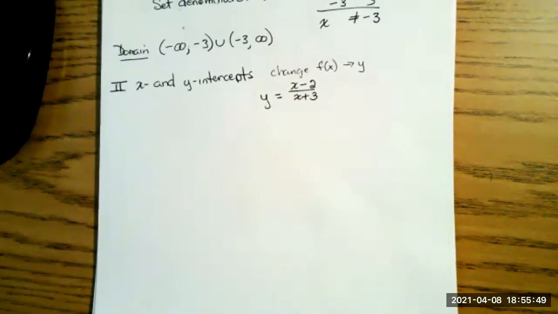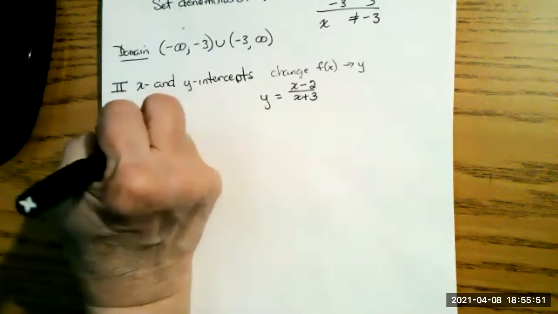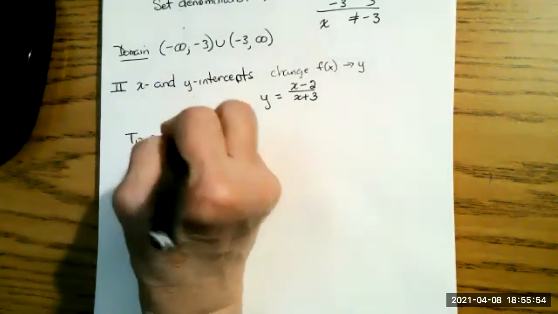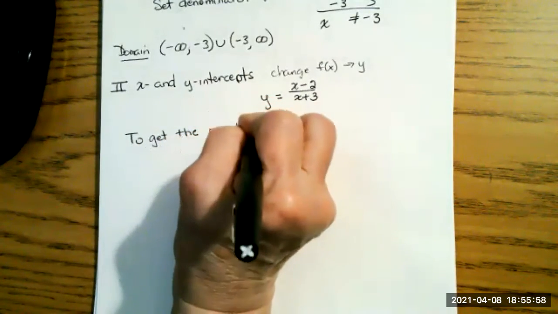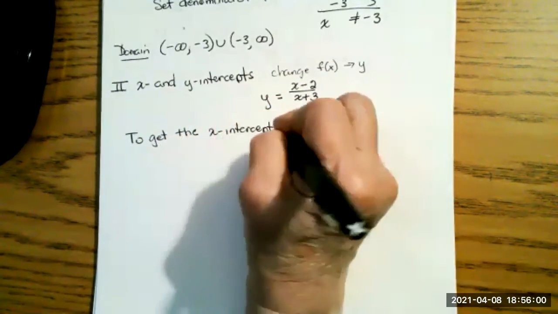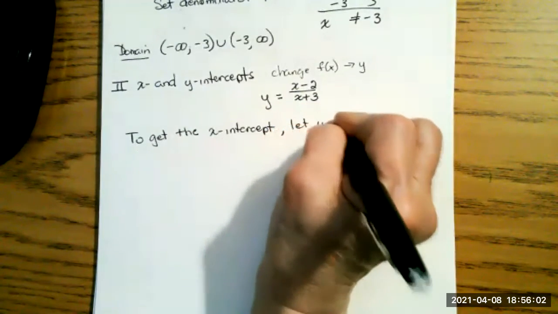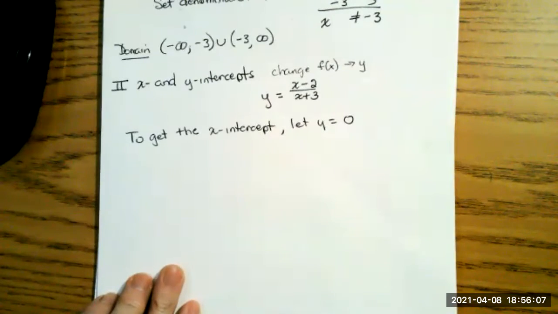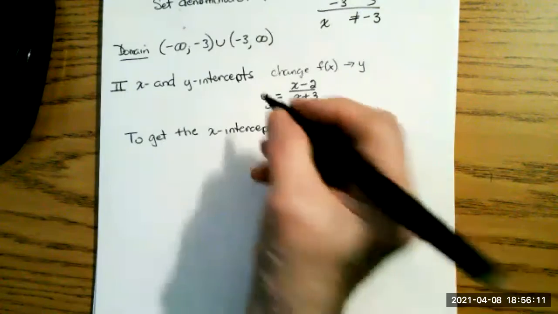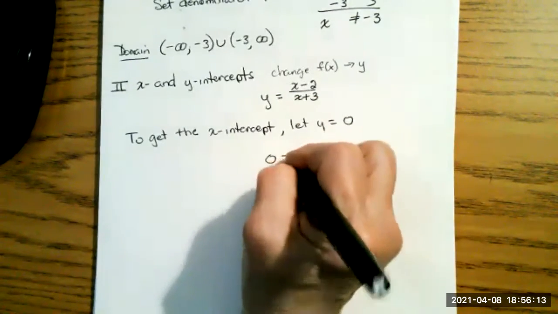But I would do that for this part of it. To get the x-intercept, let y equal 0. That's the rule that you do. To get the x-intercept, let y equal 0. So I'm going to put a 0 in where that y is.